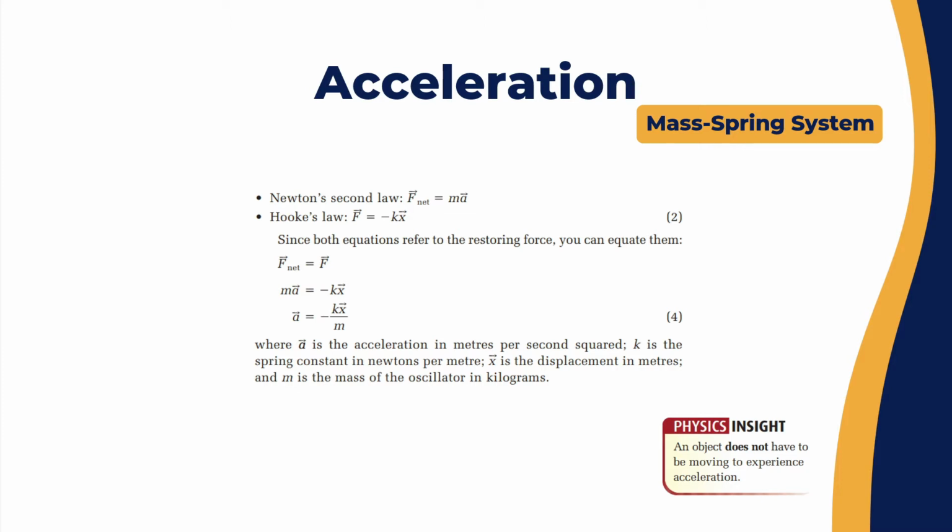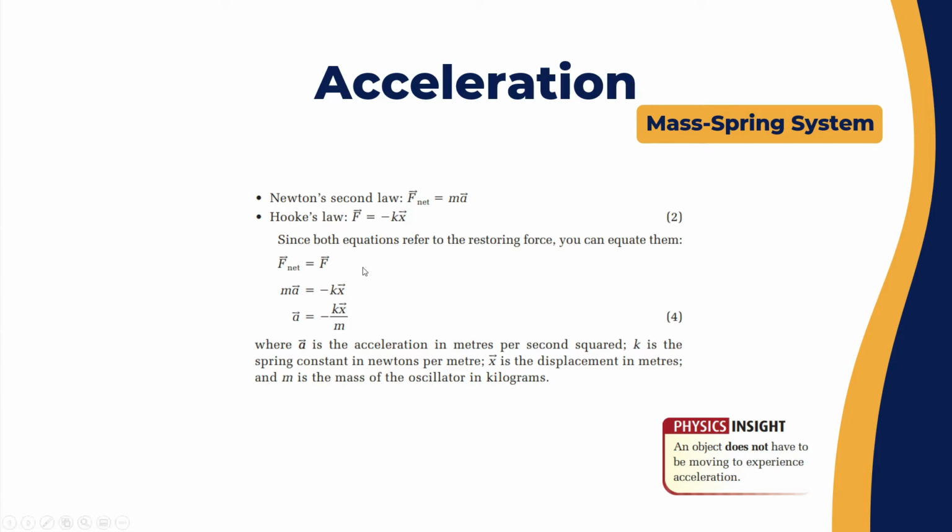If you want to define the forces applied on that box or on the spring, depending on your perspective, you can use Newton's second law, F net equals mass times acceleration, or you can use Hooke's law, where the return force equals minus k times x, which is the displacement of that spring. Both equations refer to the restoring force, so you can equate them.